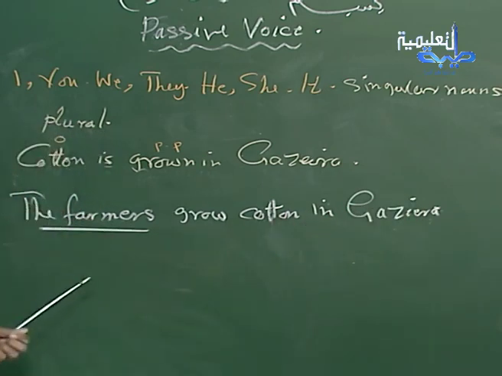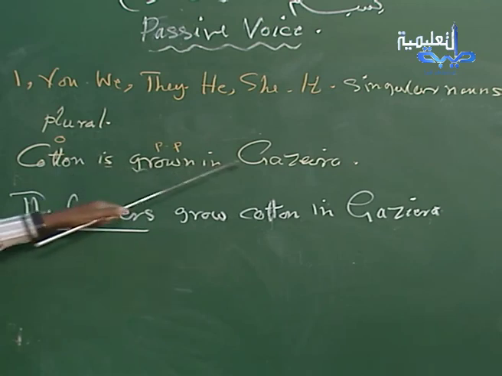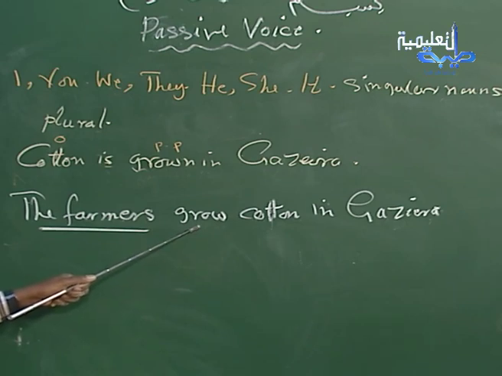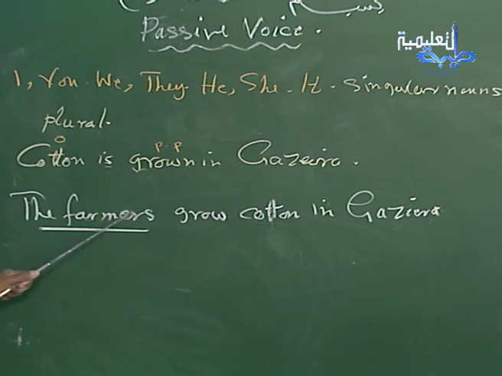But when we change it to passive, we take off the farmers. We say cotton is grown in the Jazeera. This is present simple. Why? Because after the farmers, the verb is infinitive. In the present simple, after the plurals, the verb will be infinitive. Farmers is plural. After them, the verb is infinitive. So we say cotton is grown in the Jazeera.